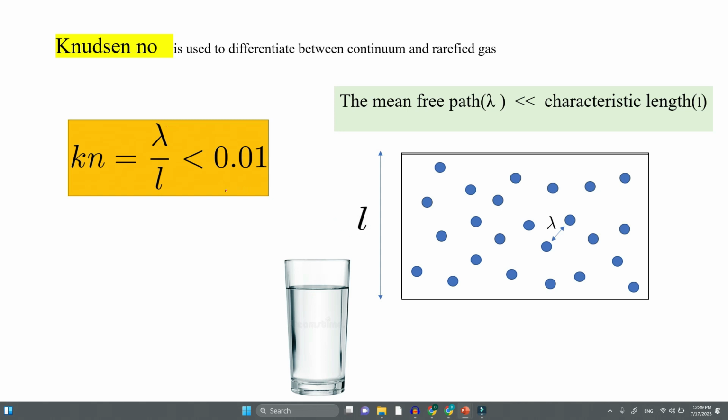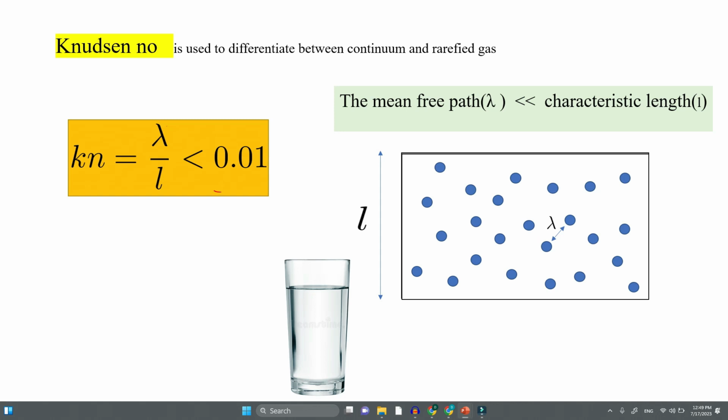If it is 0.01, that means this lambda is very much less than this length. Then you can make the approximation that the gas is a continuous medium. So that means whenever the gap between the molecules is very low, then it will become a continuous matter.